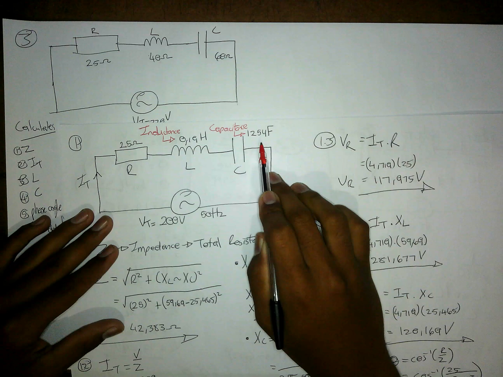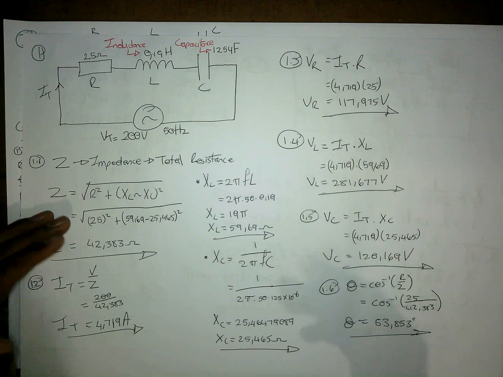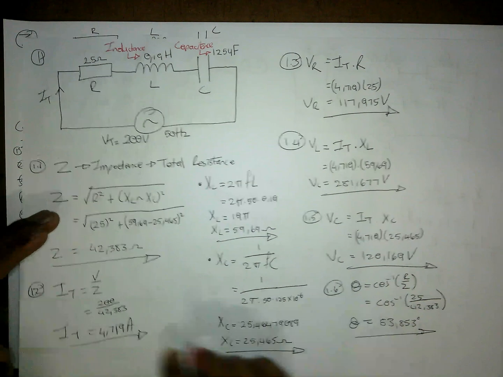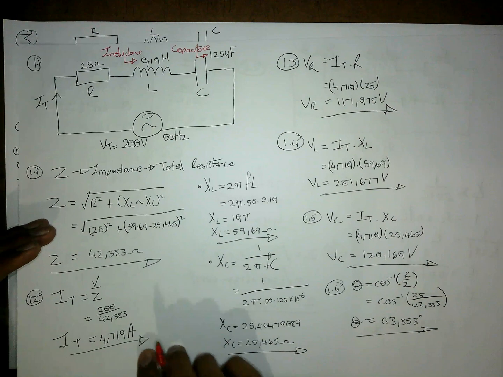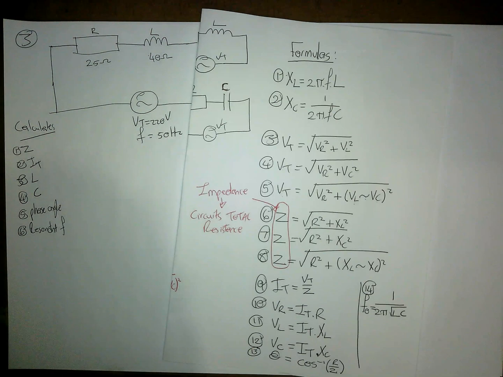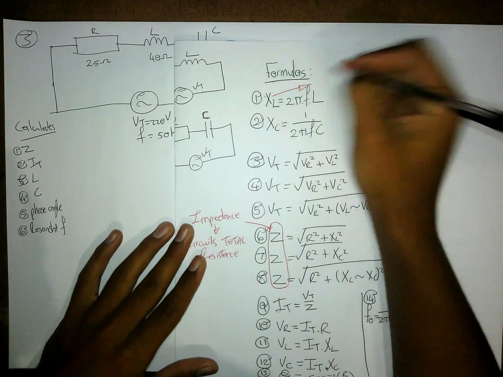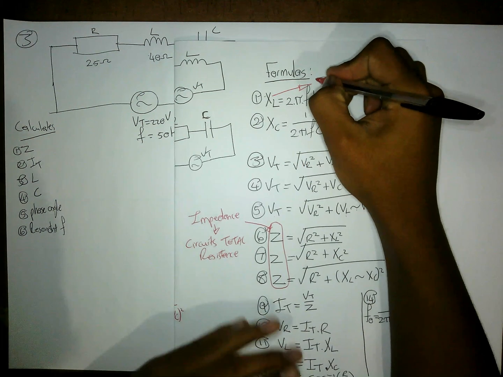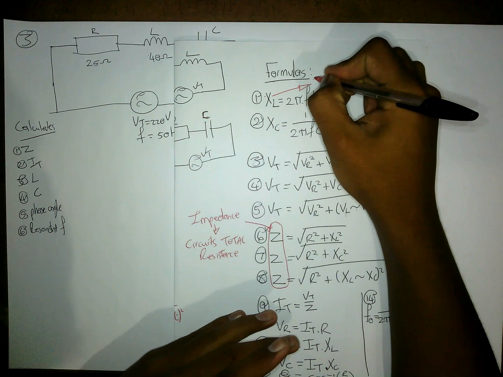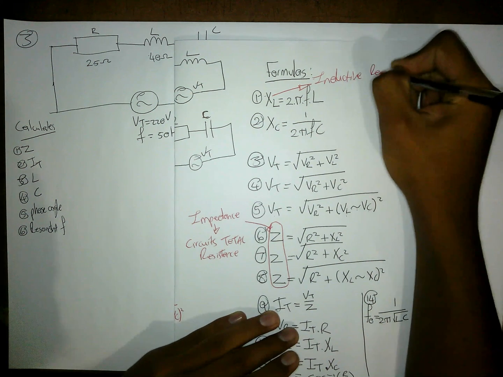Capacitance is given in farads. I don't think I wrote it down, I think I just said it. But let me do this. Yeah. So this value is my inductive reactance.